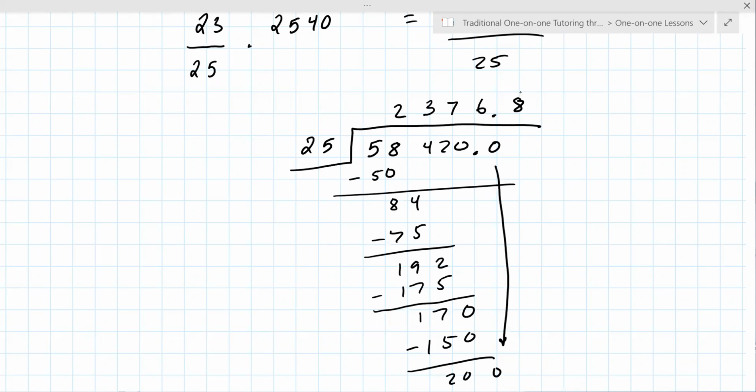No, 170. Yeah, I don't have enough space.